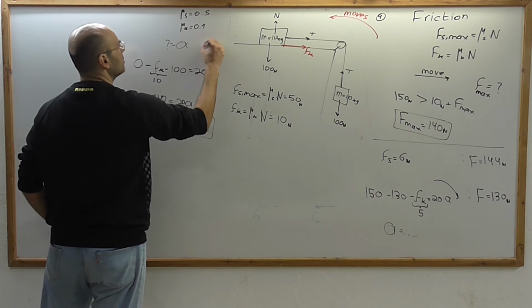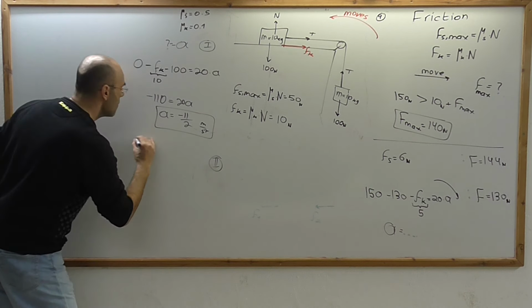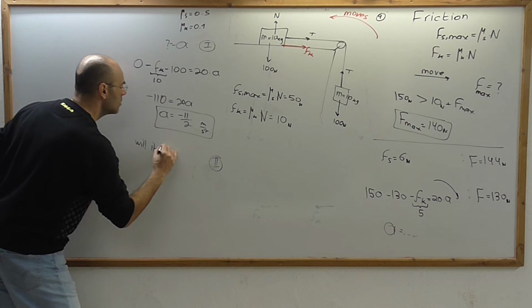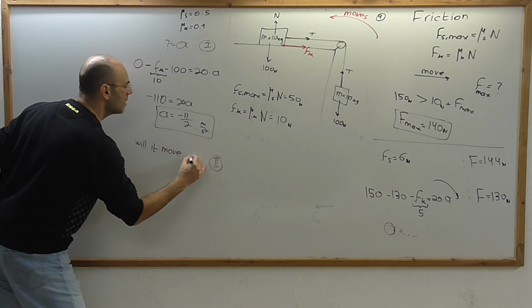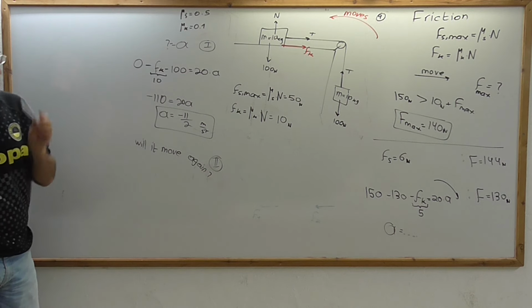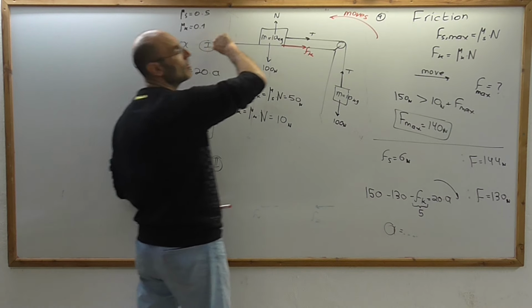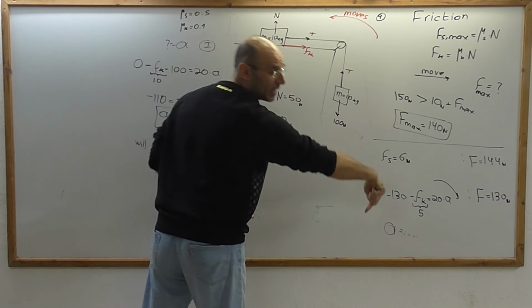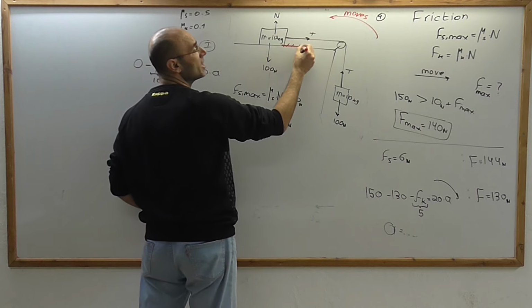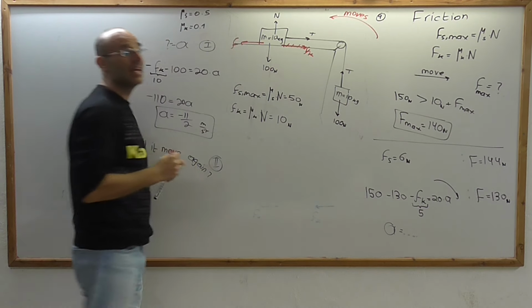So after it stops, I want to know, will it move again? Now, after it stopped, something else happens. The tendency of the system to move is that way. So the friction will change direction and it will be that way.